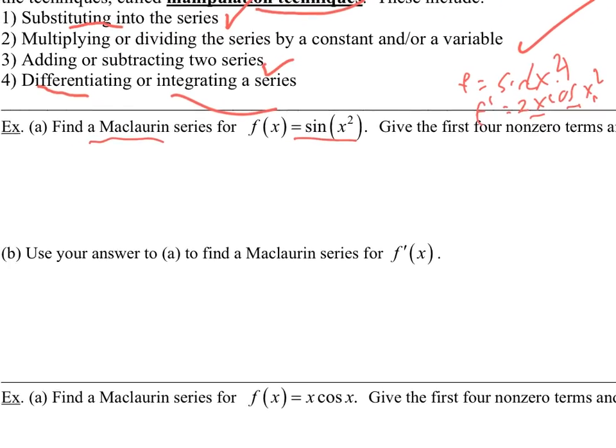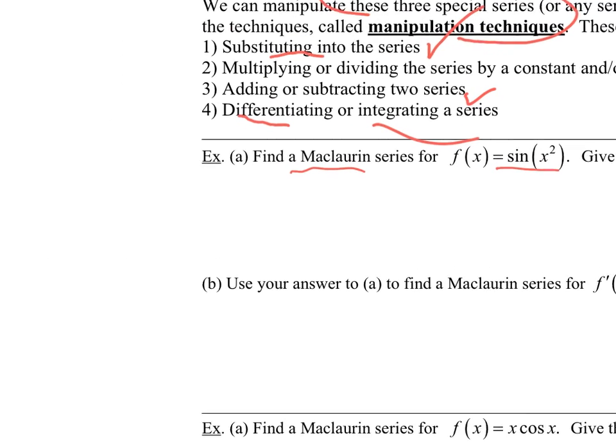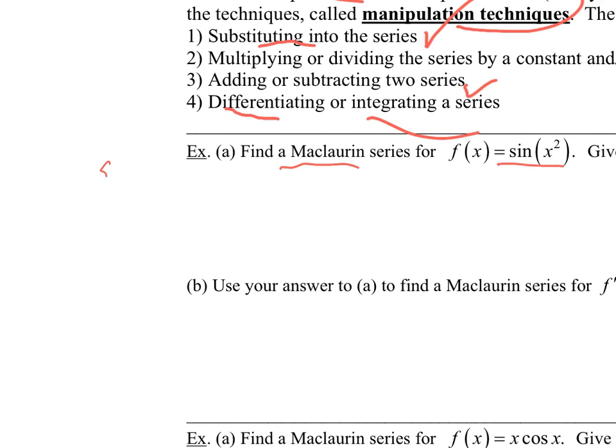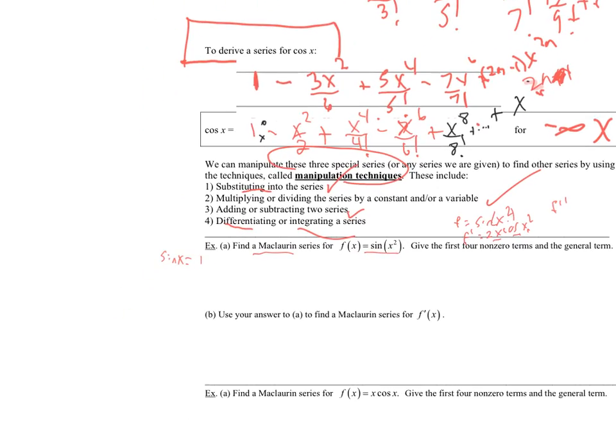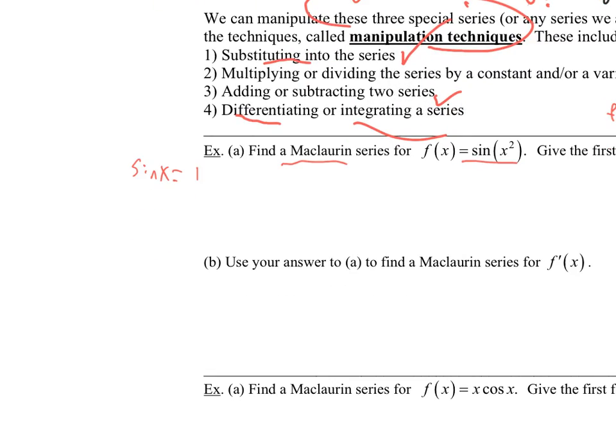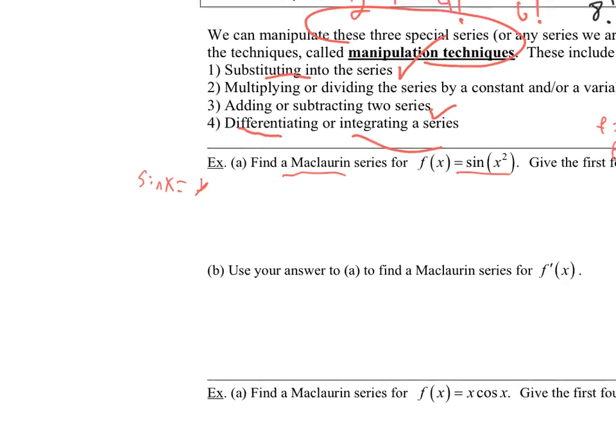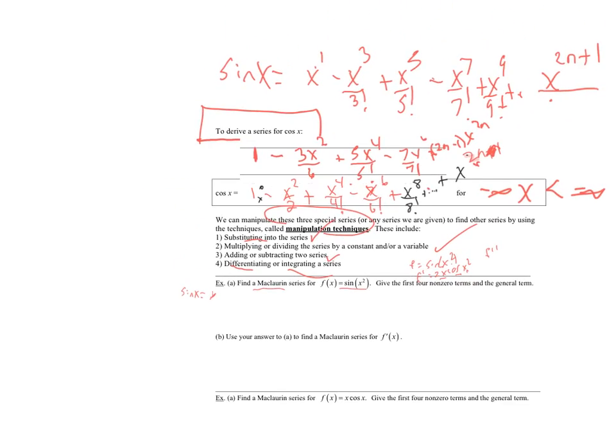So to keep it simple, let's start with our sine of x. Our sine of x, again, as I recall, starts with, no, we'll start with the x. Then it was a minus x cubed over 3 factorial.